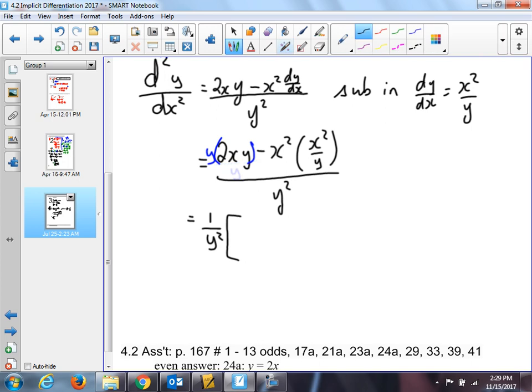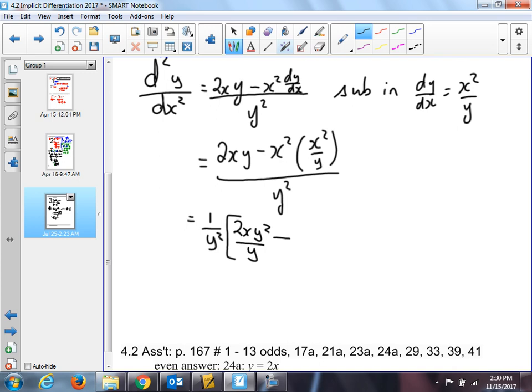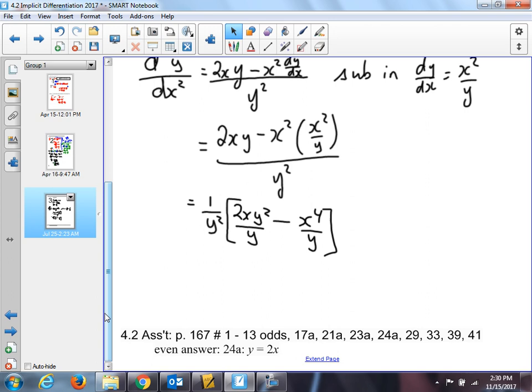We get 2xy squared over y minus x to the 4 over y. What you said is not incorrect, I like doing it this way though. I'm just not going to skip as many steps. So yes, it has the same denominator.